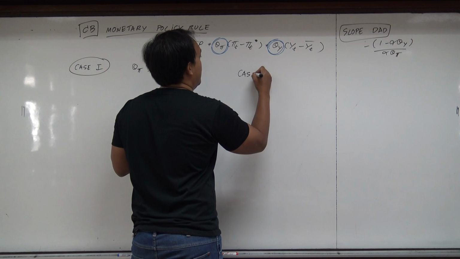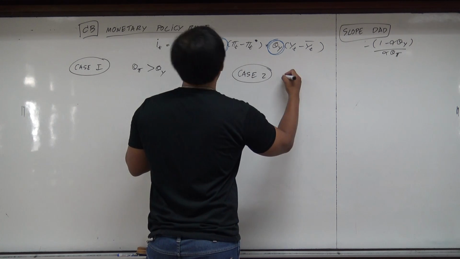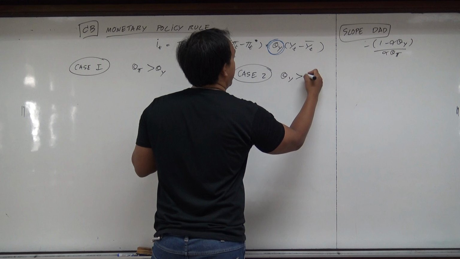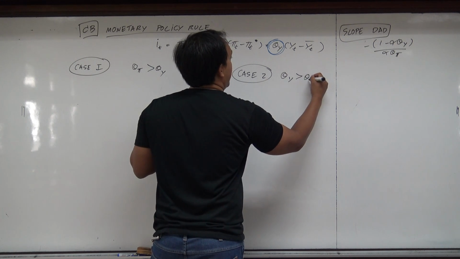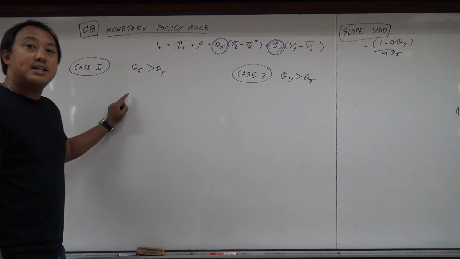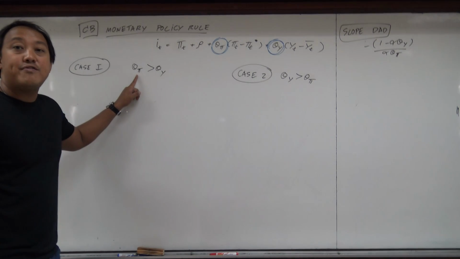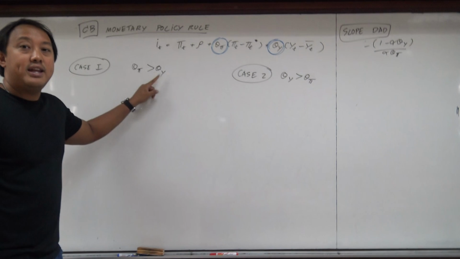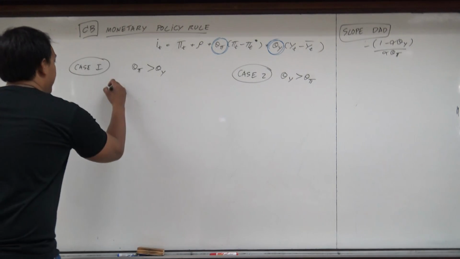Case number 2: theta y higher than theta pi. Okay. Case number 1 is the case where the central bank cares about the inflation problem more than the economic slowdown problem.